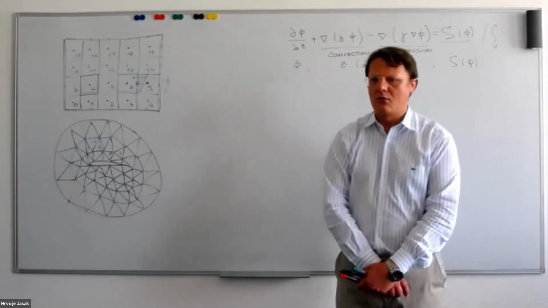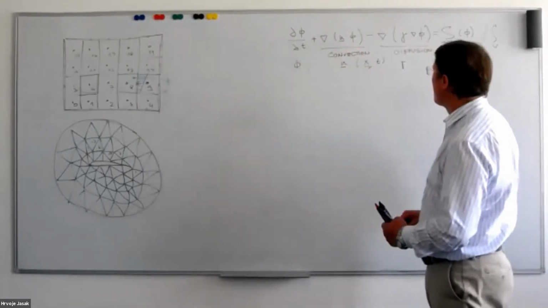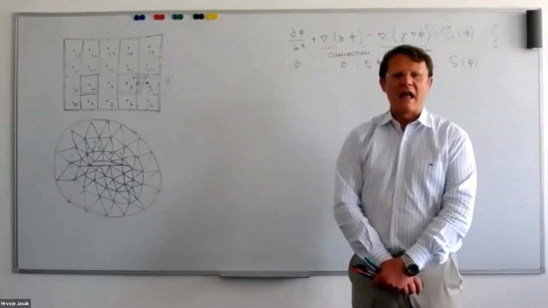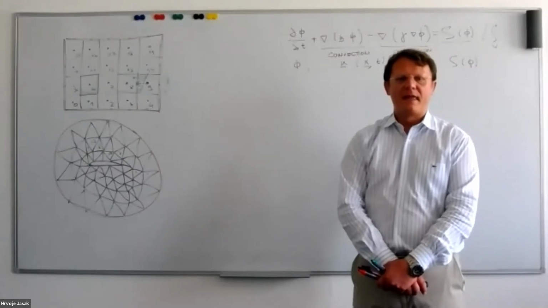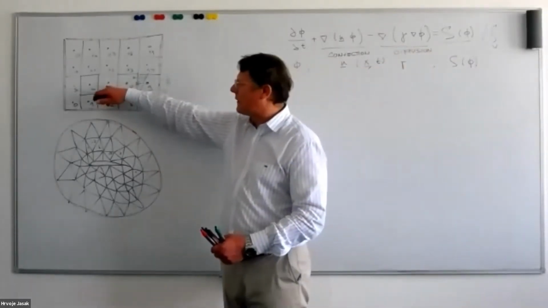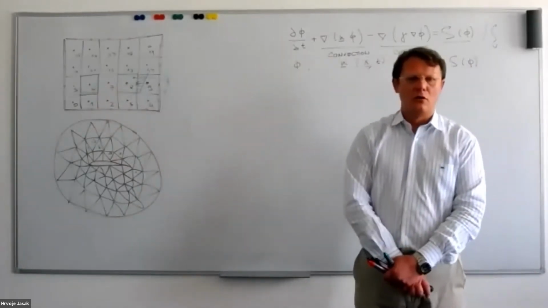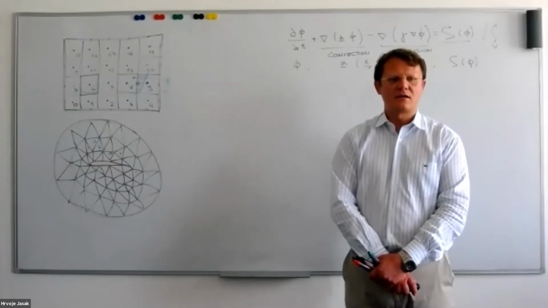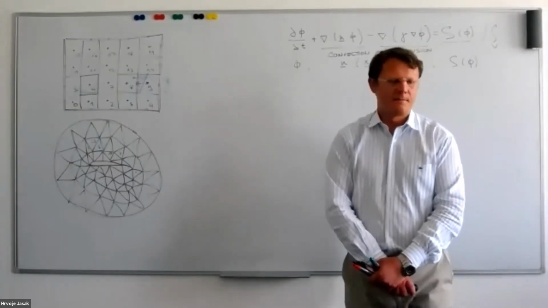What we will do now is integrate our partial differential equation over the control volume and find expressions that connect the value of phi at location P to all the other values. The easiest one of those is the temporal derivative.